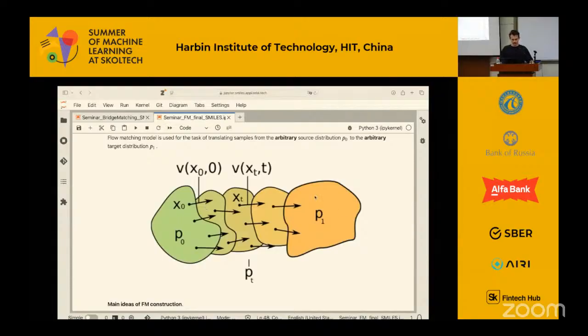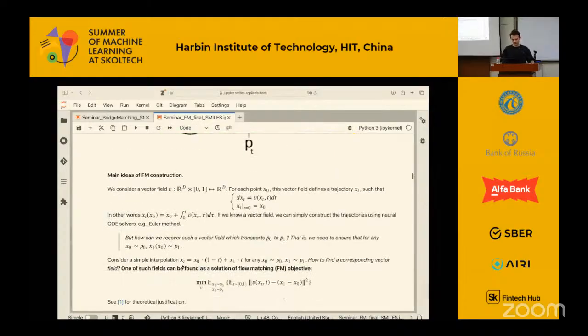We sample random points from these two distributions and make a linear interpolation between them. It's basically a line between x0 and x1, where x0 and x1 are sampled from distributions P0 and P1.